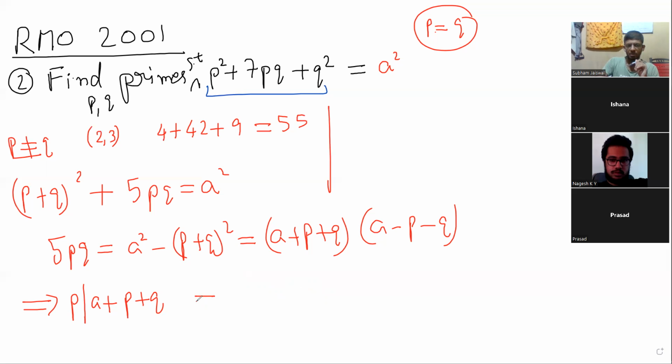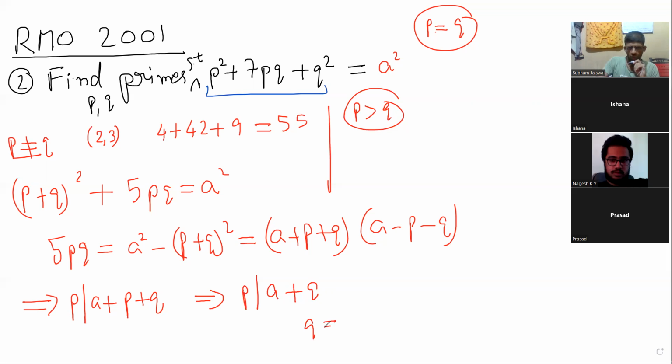So this implies that, also, you could assume that P is bigger than Q. No harm in doing that, right? P is bigger than Q. Any ideas from here? It means P must divide A plus Q. So are we getting anything?